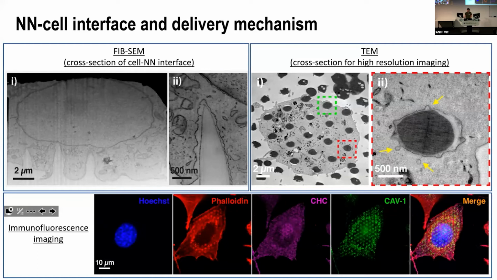Combining this with the immunofluorescence imaging at the bottom here, showing the clathrin heavy chain and caveolin 1, which are endocytosis markers, aggregating at the nanoneedle site as well, all of this shows that the delivery mechanism can potentially be endocytosis-mediated delivery.